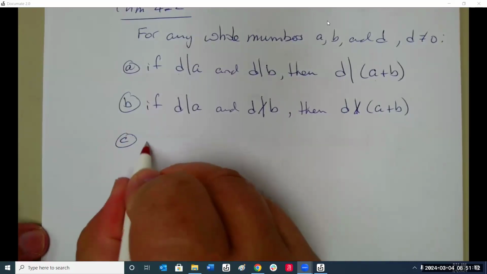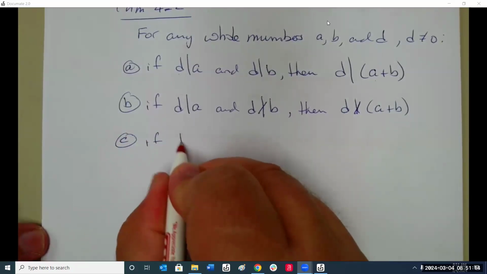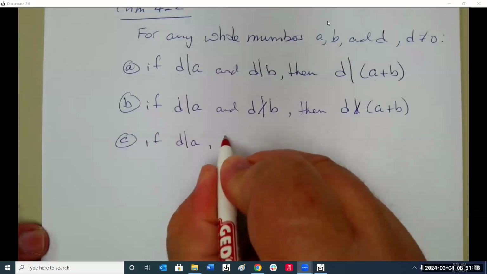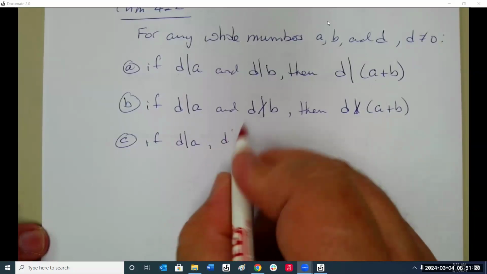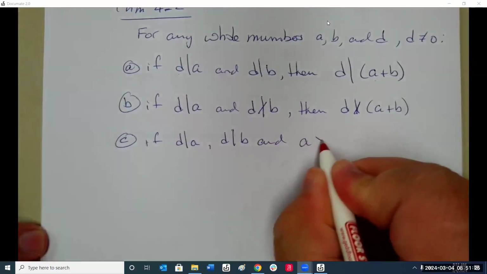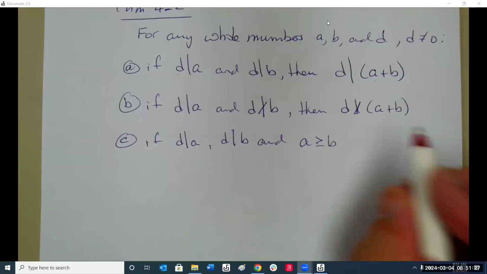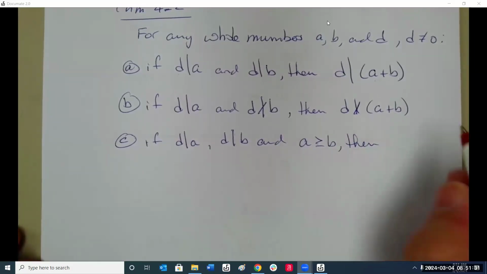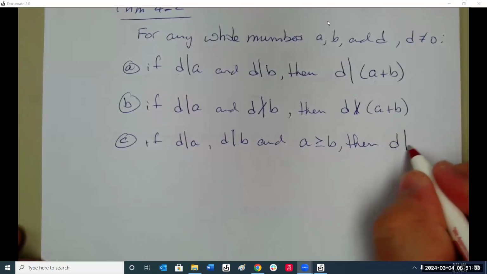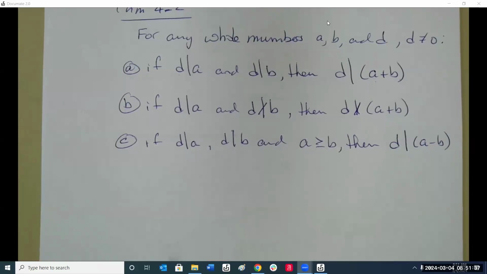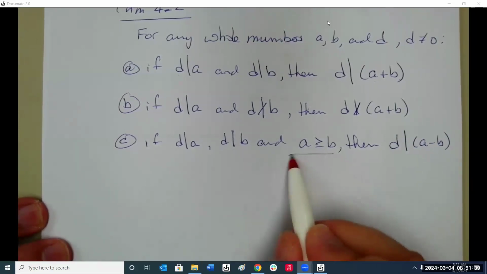C, if D divides A, D divides B, and A is larger than or equal to B, then D divides A minus B. Why is this last part important?